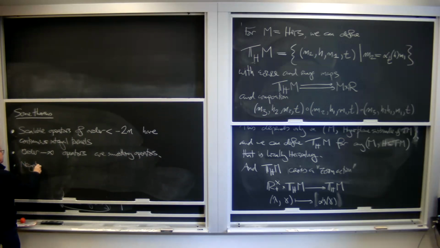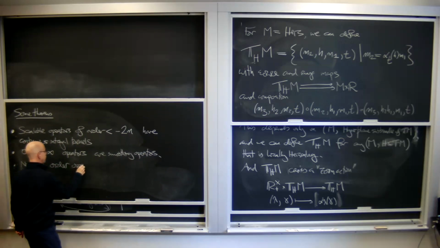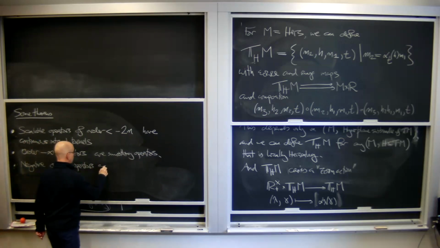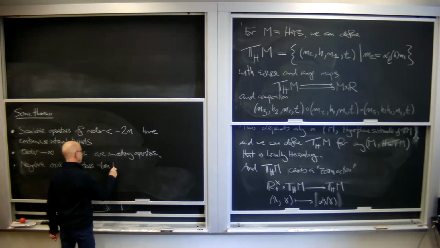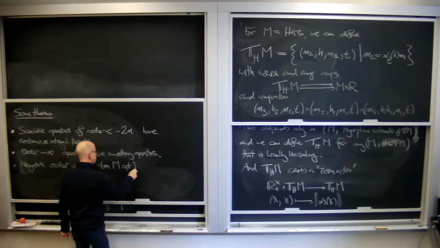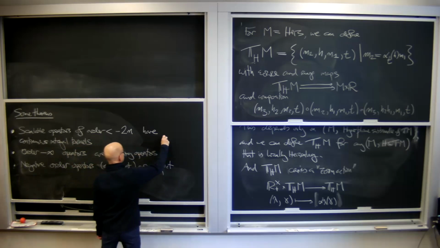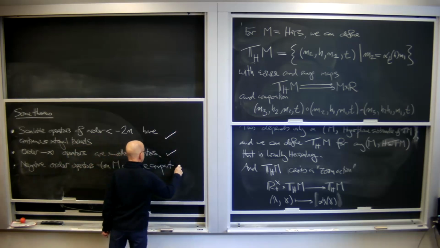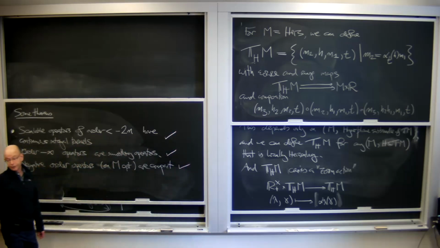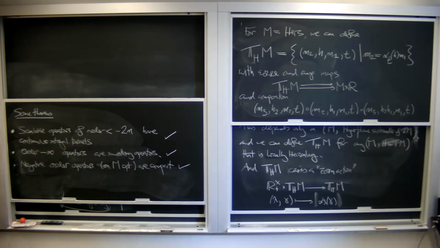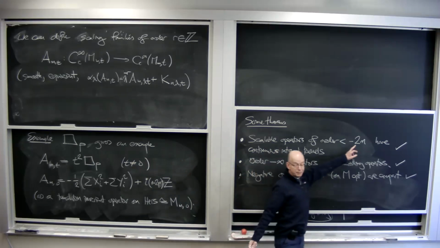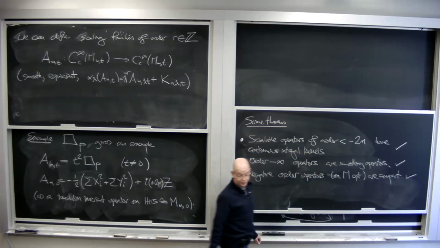And if you're a C-star person, you might want to know that negative order operators on a compact manifold are compact. Nothing is involved in any of these proofs beyond what we already saw. You just do the same thing. Well, there's a small footnote that I mentioned that the dimension changed here, but that's it.